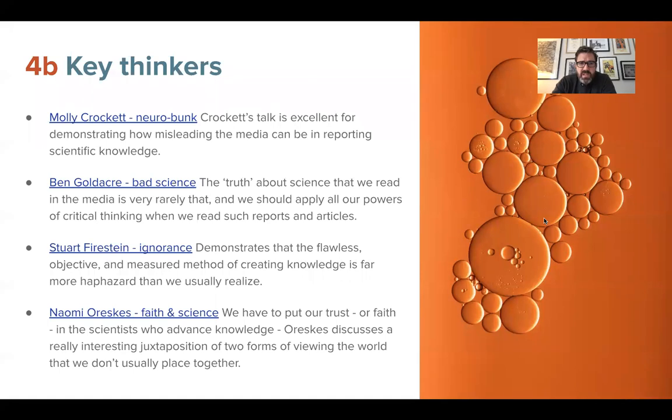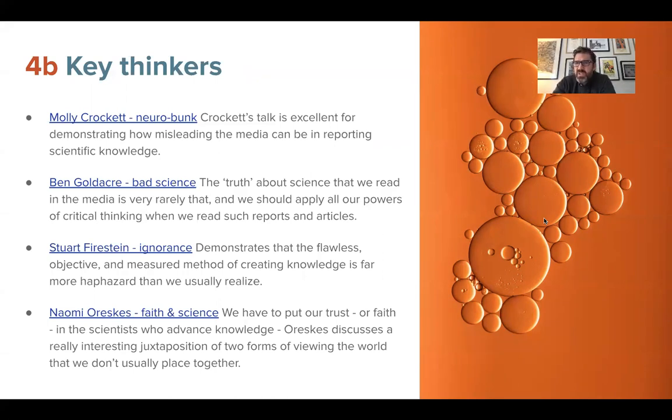Ben Goldacre is a really good writer. He's very active on social media. He's worth following on Twitter. And he also talks a lot about the way the media reports science and how completely misleading it is. He talks a little bit more about the motives and the agendas behind that.